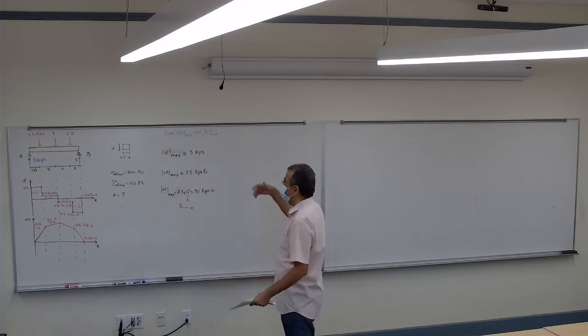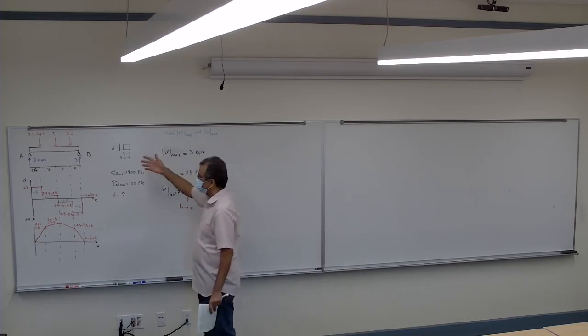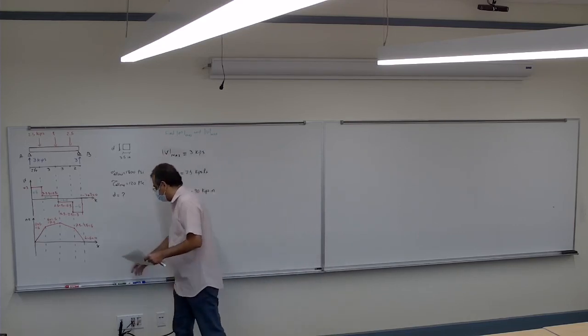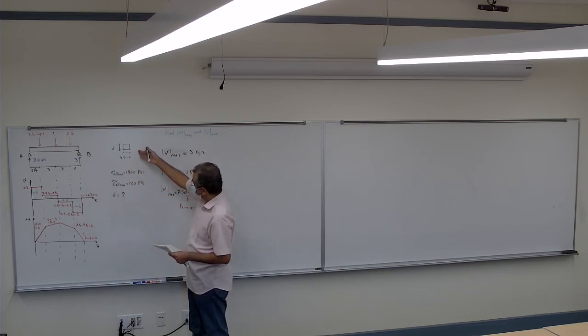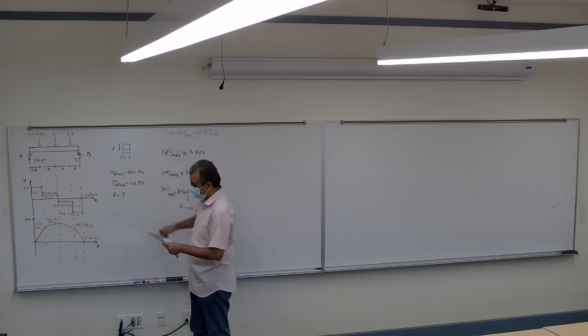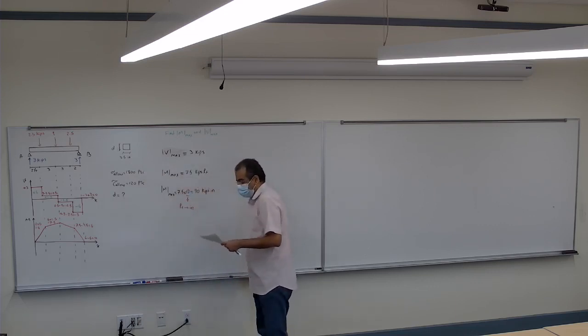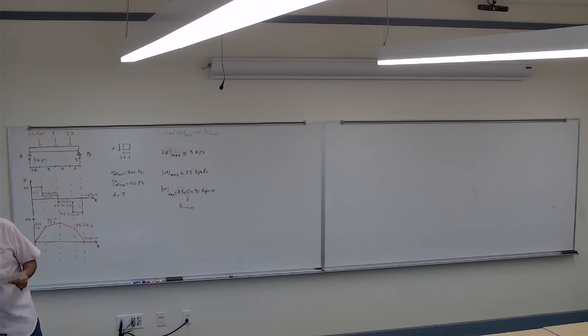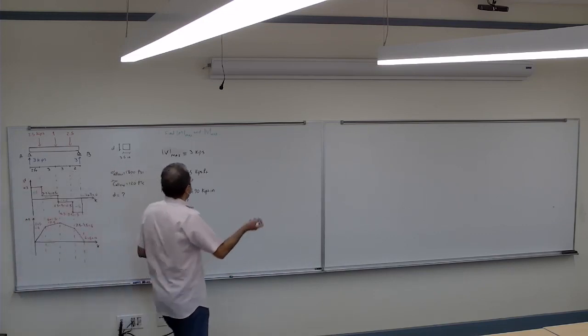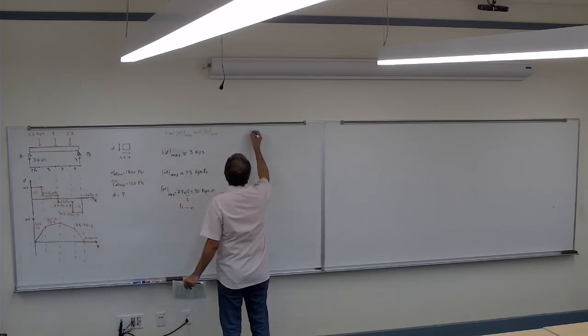As I said, if you had the axial load or the torsion, we have to check them as well. So I'm going to start designing the member for bending. I'm going to make sure that it does not fail under the bending.